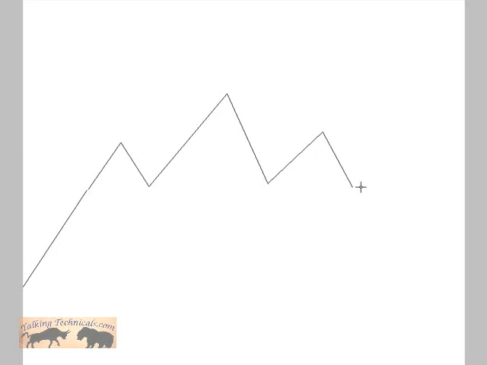It's a floor basically, and then to finish off the pattern, it comes up and makes a right shoulder. It's called a head and shoulders basically because it kind of looks like head and shoulders. So you've got your left shoulder, your head, which comes up higher than your shoulders, and then a right shoulder.